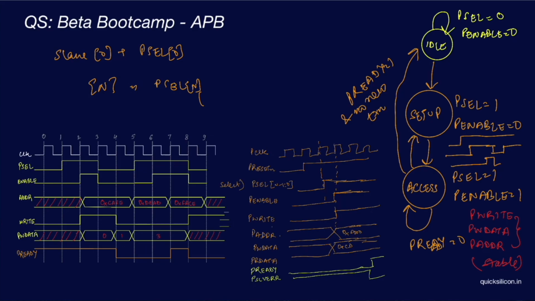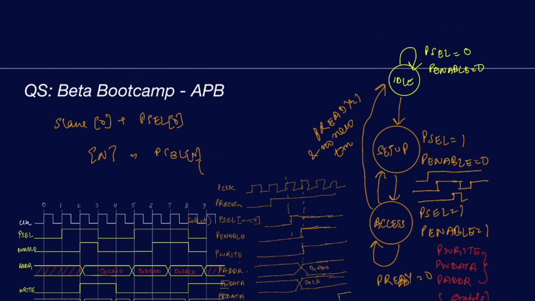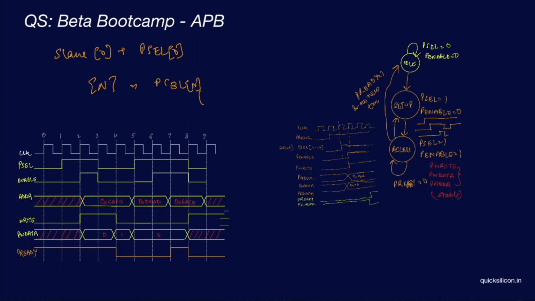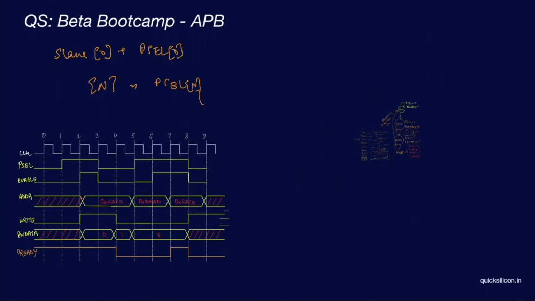So why does metastability have to come if your clocks are synchronous? Let's say both master and slave are working on the same clock. Then would you be concerned about metastability? Yes, synchronizers are used previously. If synchronizers are used, then it's fine.